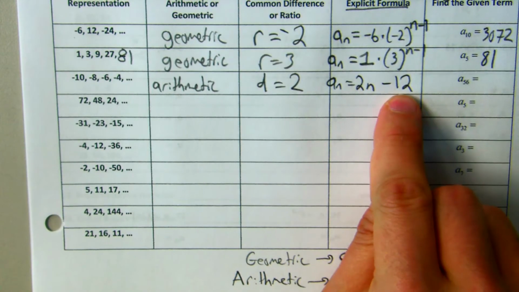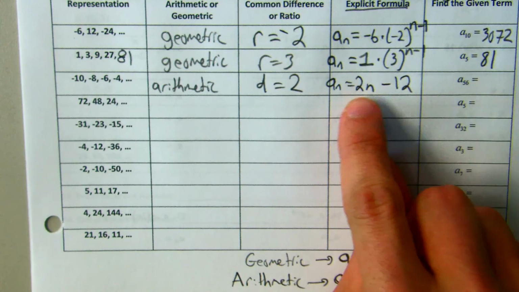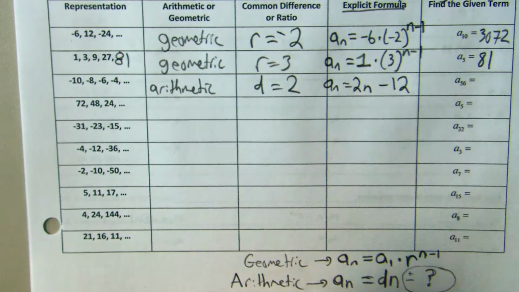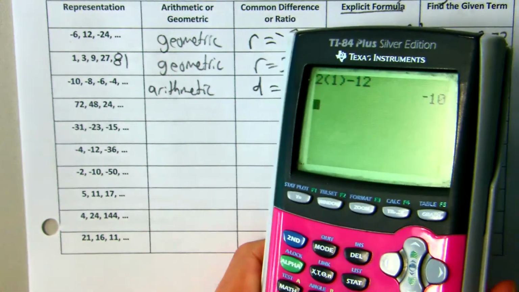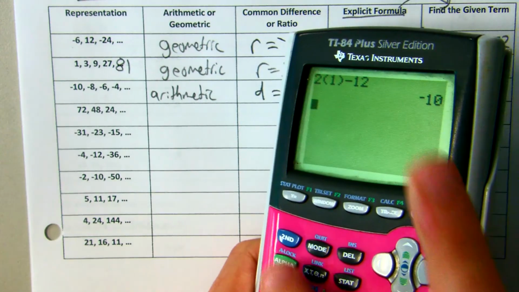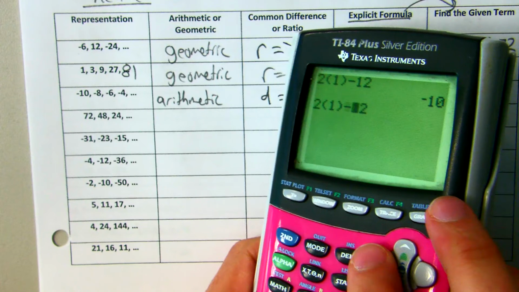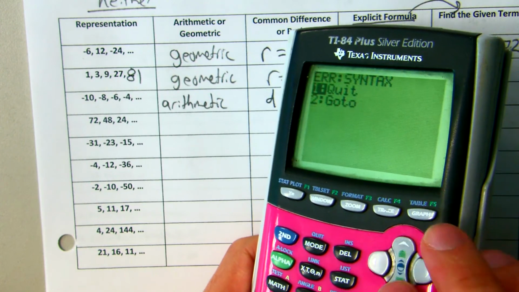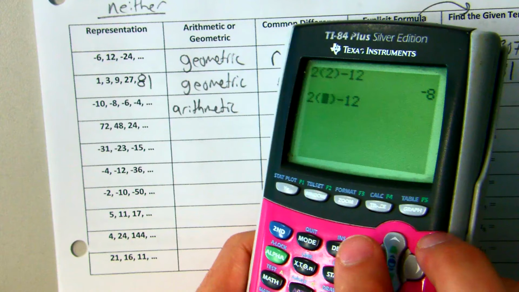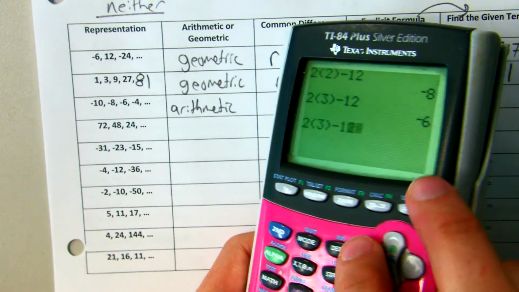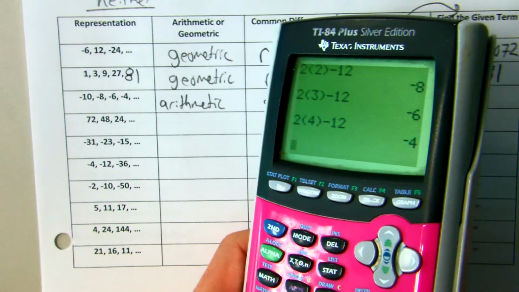This makes sure that it starts at the right location. This makes sure that it goes up at the right rate. So for this one, I'll plug in a few to help you see that it does work. That's when n is 1, when n is 2, when n is 3, when n is 4.